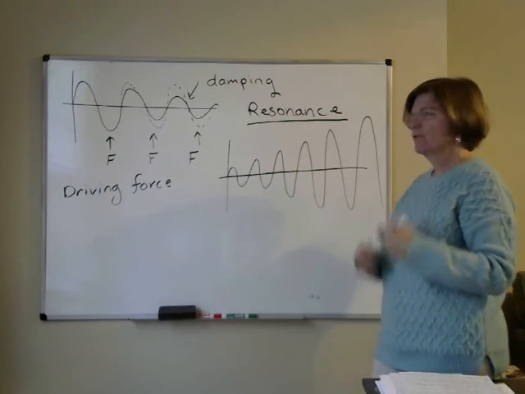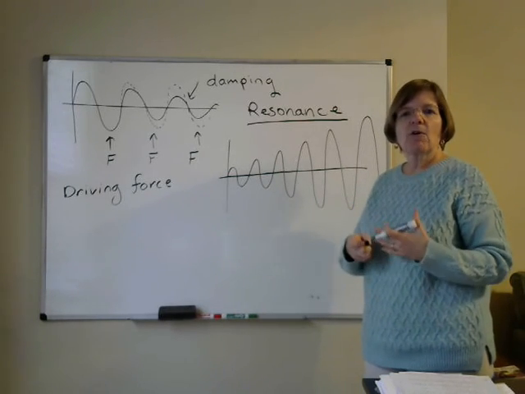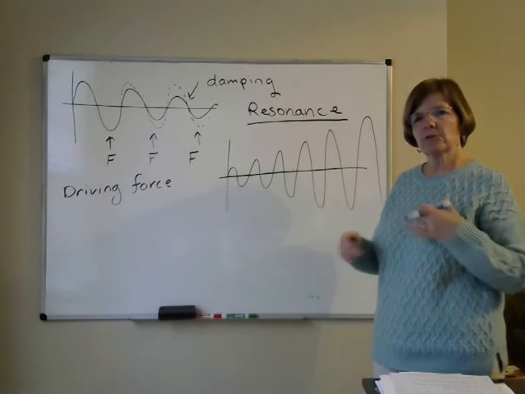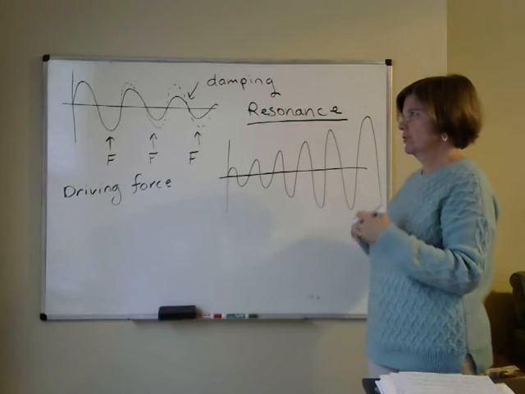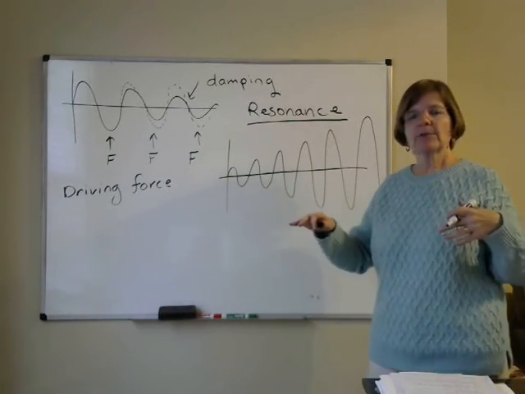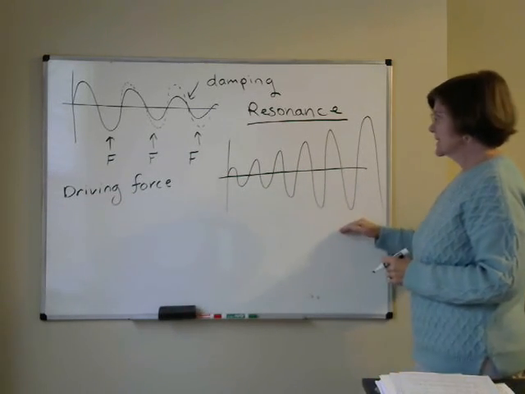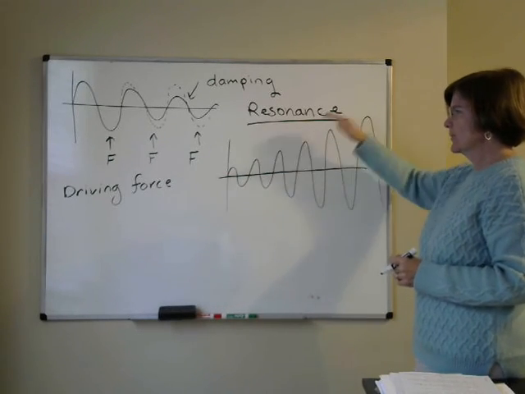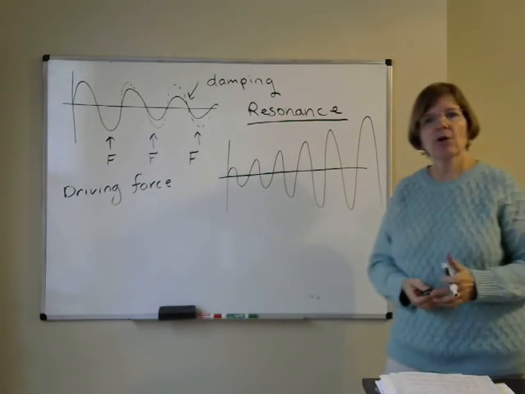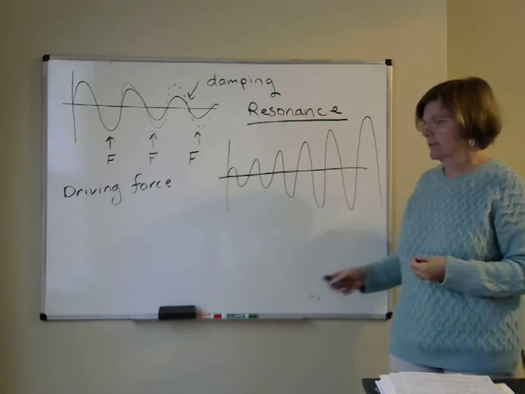That happens when your driving force is at the natural frequency, but it's larger than what you need to just overcome friction. Usually you want a driving force maybe to just overcome friction so that you just continue to oscillate at a certain amplitude at the natural frequency. With resonance, you're still vibrating at the natural frequency, but the force that's pushing you, the driving force, is too large or deliberately large. So you keep getting higher and higher oscillations.